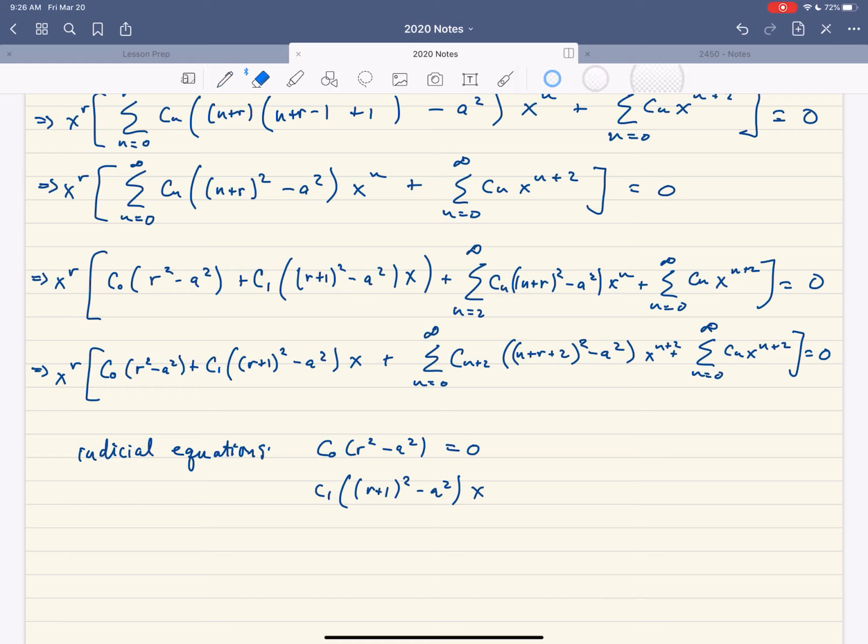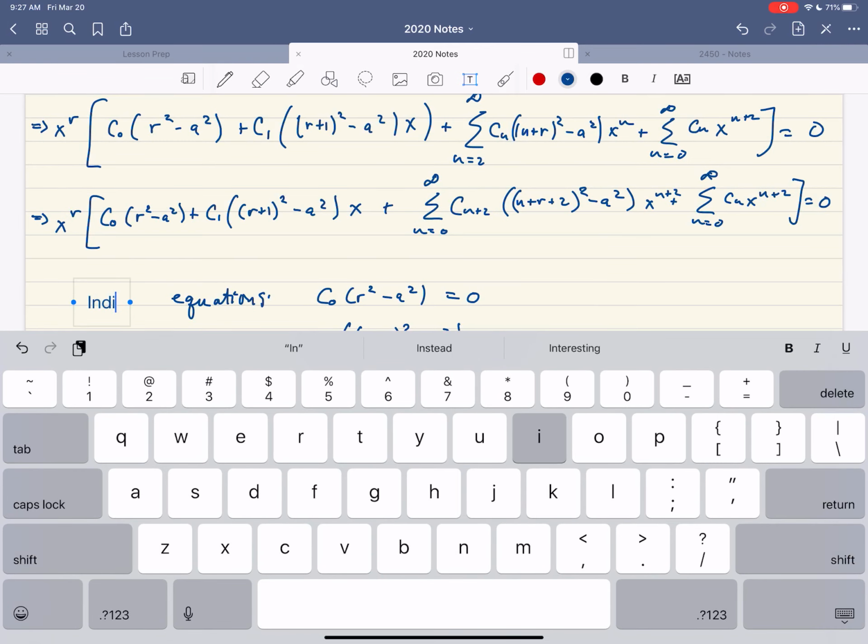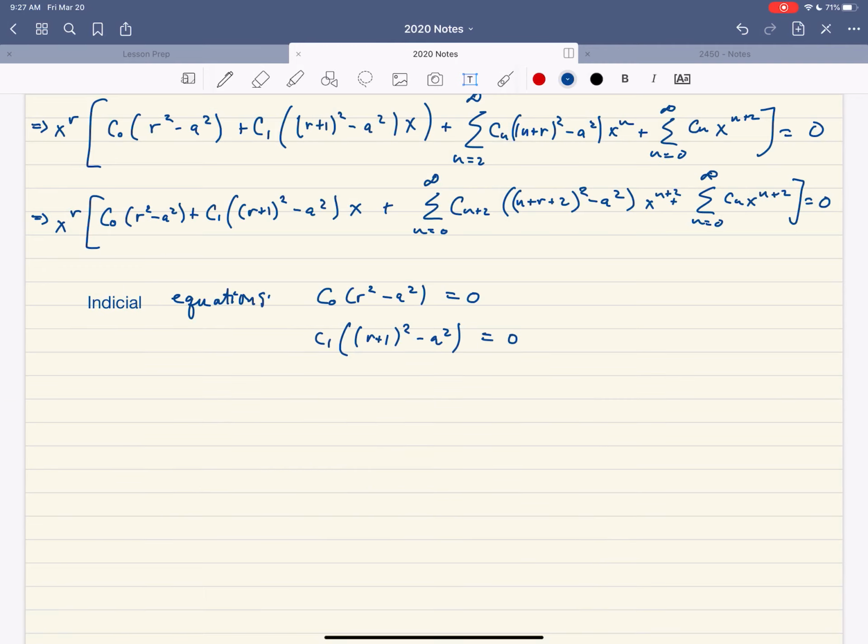So really, I just want the constant to be 0. All right, so those are our indicial equations.